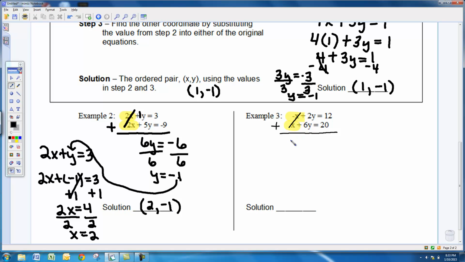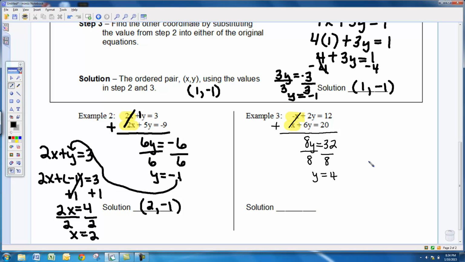Negative x and positive x cancel out. 2y plus 6y is 8y. 12 plus 20 is 32. Divide both sides by 8, and we will get y equals 4.